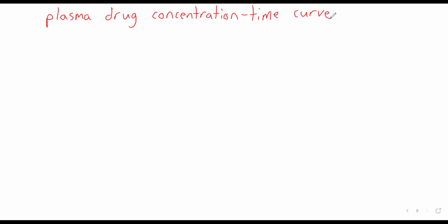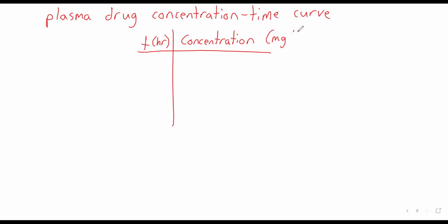A drug is administered to a patient, and the concentration of the drug in this patient's bloodstream is monitored. Let's say a nurse goes in and checks it every hour, or there's a computer system set up that does this automatically, but you get the following data.